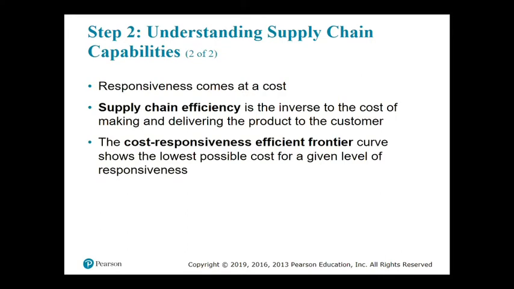And so for every supply chain, we're basically finding a balancing point between efficiency and responsiveness. And to do that, visually we can create the so-called cost responsiveness efficient frontier, which basically describes the lowest possible cost we can achieve for a given level of responsiveness.